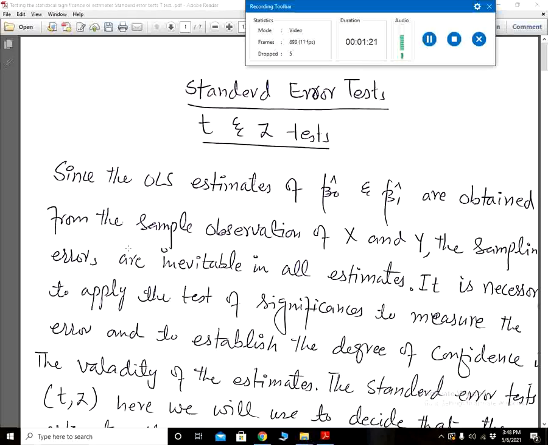Today we will study the first test, that is the t or z test, that are called standard error tests. These are parametric tests as they follow the normal distribution.